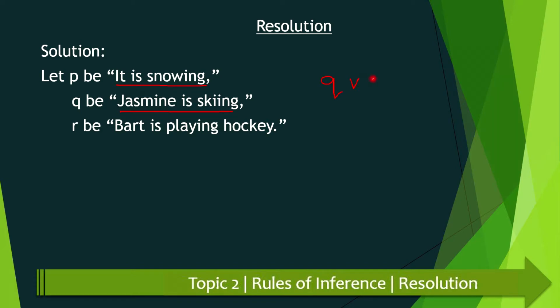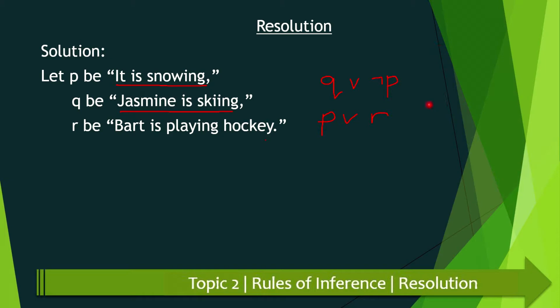The other hypothesis is it is snowing, which is P, or Bart is playing hockey, which is R.